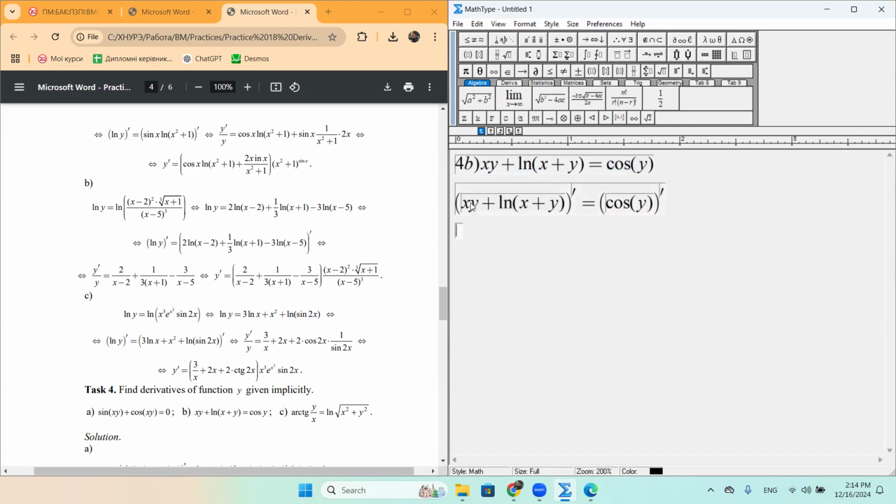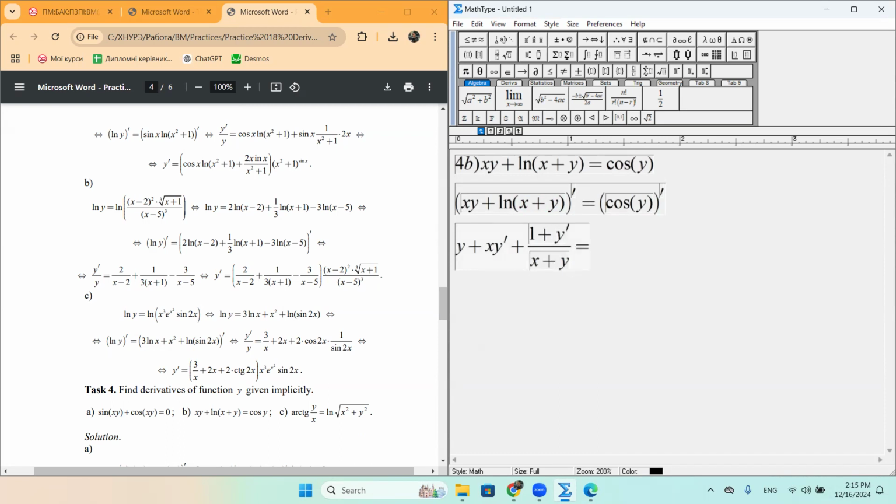And now start differentiating. Again, this is a product of functions. So y plus x by y prime. So we differentiated this product. Now we need to differentiate the logarithm. So write x plus y in the denominator, and now we differentiate this expression, x plus y. So it will be equal to 1 plus y prime. So done with the left part.